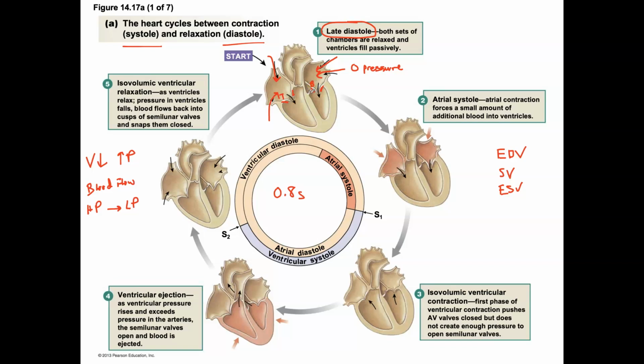And because those atrioventricular valves are open and blood is returning to the heart, what we actually see is blood flowing down into the ventricles passively. So this is essentially passive filling of the ventricles. And so what I like to do on this particular diagram is show you that blood is filling the ventricles.